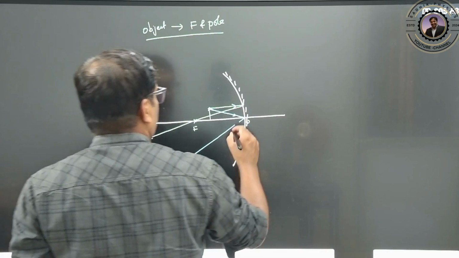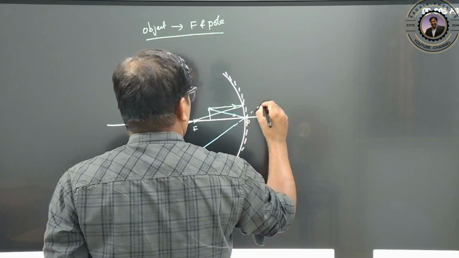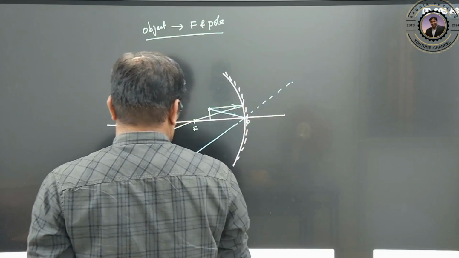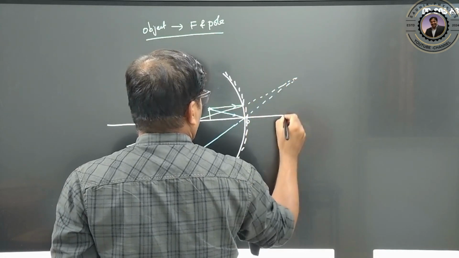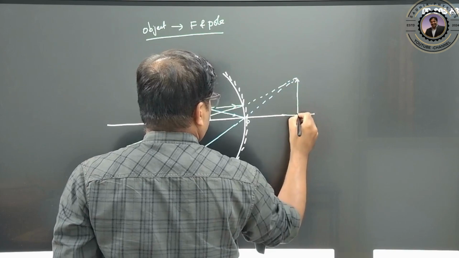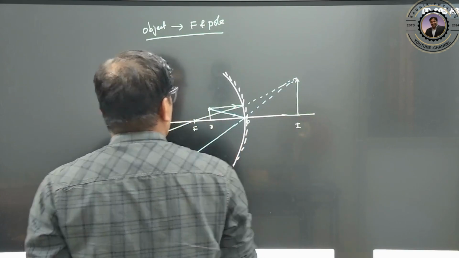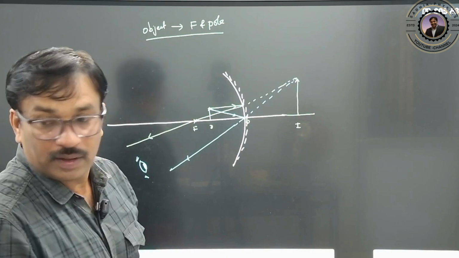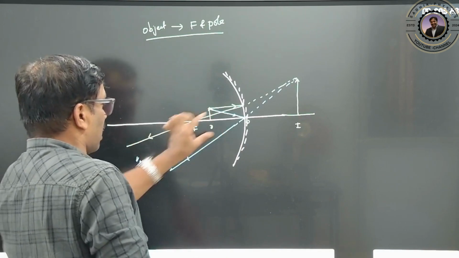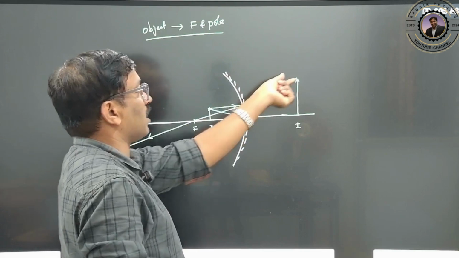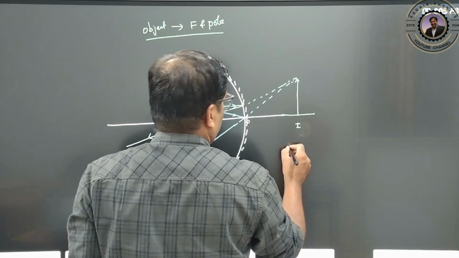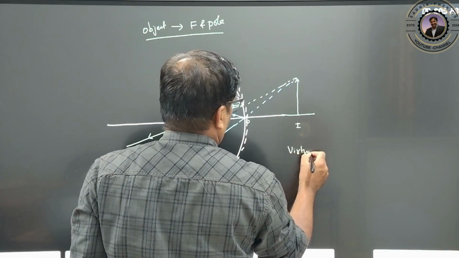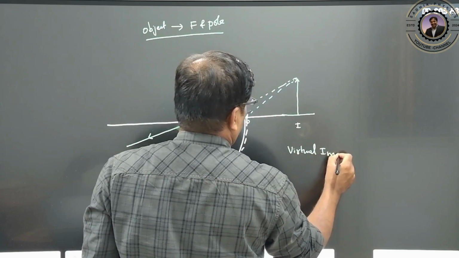These light rays appear to be coming from here. This is your image, this is your object. Clear? But really these light rays are not real, they only appear to be coming from here. So that's why we can call it a virtual image.